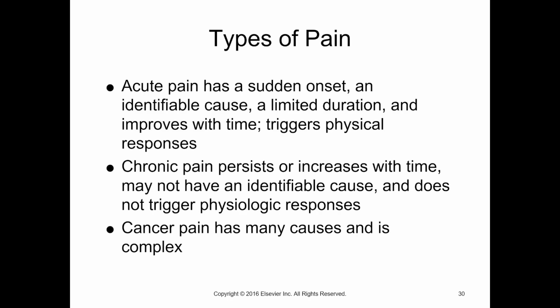When we talk about acute versus chronic pain, again, acute pain is that sudden onset, identifiable cause, it's limited. That's the key thing. Chronic pain, on the other hand, may or may not have identifiable causes, and it can be related to psychological responses as well as permanent nervous system alterations.